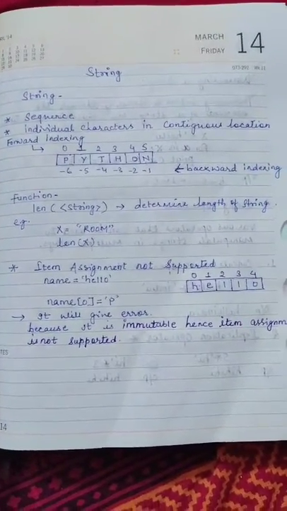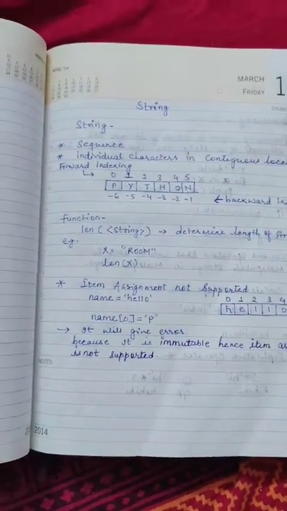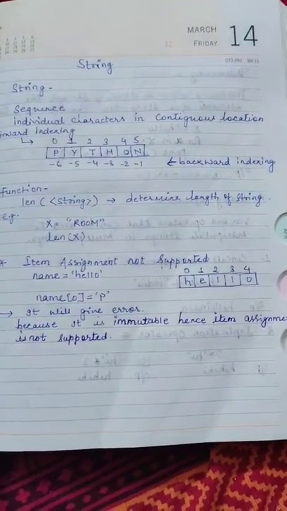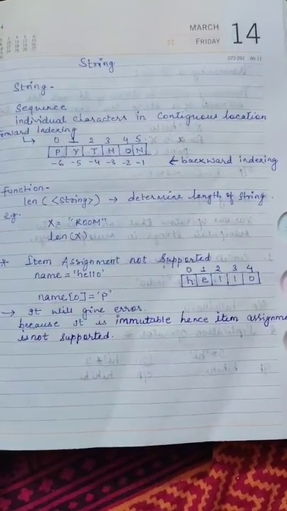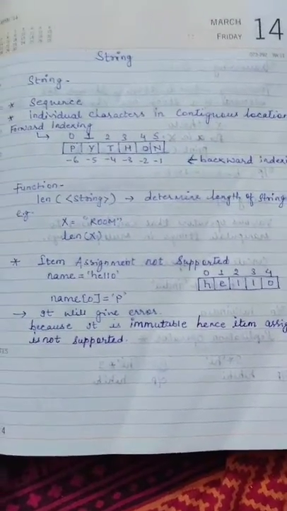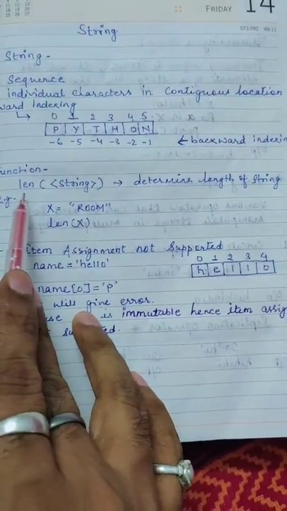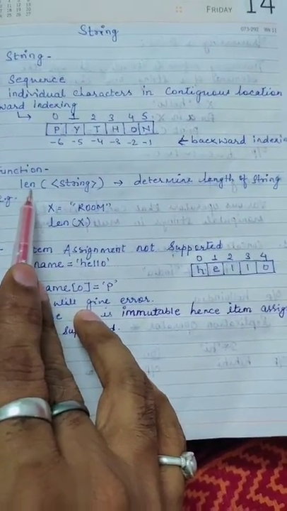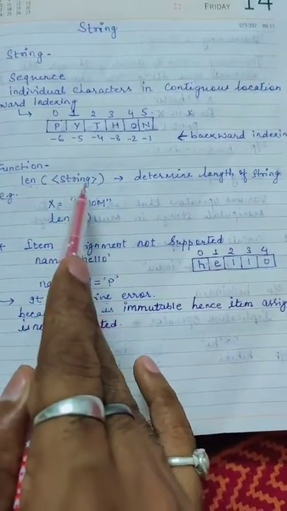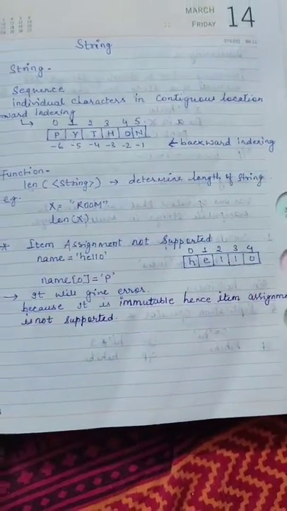Next is a function. There is one function in a string for finding out the length of a string, and that function is length. We write len, parenthesis, and inside the parenthesis the string, for finding out the length of that particular string.